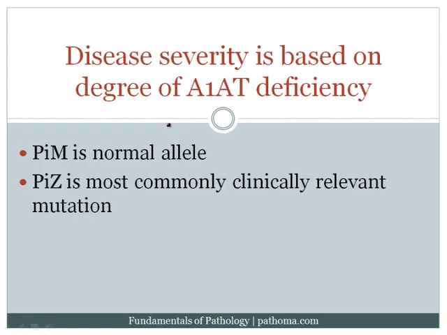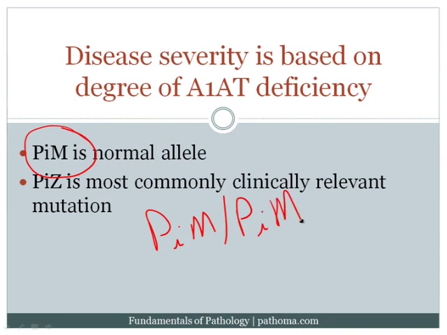Now, one more thing that we have to be familiar with, and that is the genetics behind alpha-1 antitrypsin deficiency. Let me remind you that the alpha-1 antitrypsin gene comes in multiple alleles. The most common allele or subtype is called PiM, so most patients actually have PiM and then another copy of PiM. Most people possess this allele, and this is the normal allele, so there's no problem.